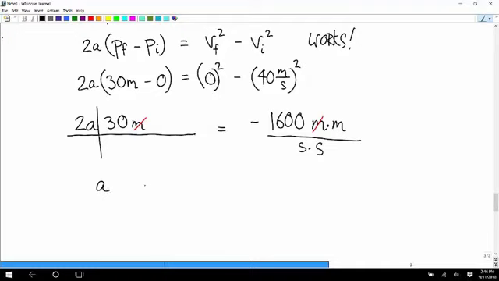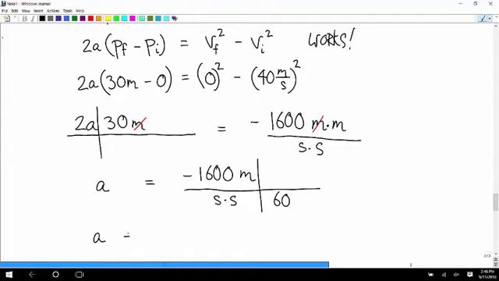And we have a over here is equal to negative 1600 meters over seconds times seconds divided by 60. And you get that the acceleration is equal to, I use different numbers. Can someone divide that for me? So you get negative 26.7, and the units are meters per second squared.